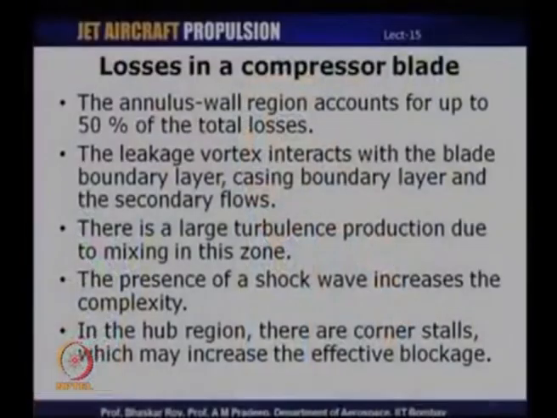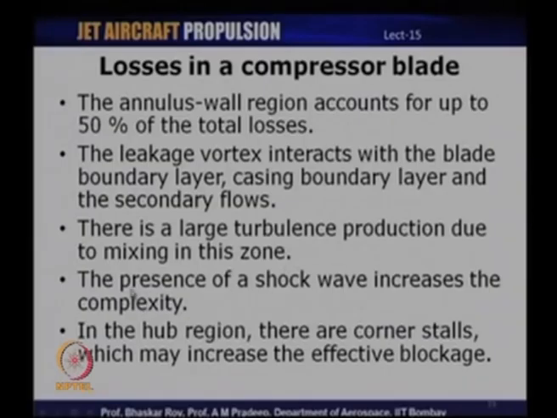So, in the annulus wall region, the viscous losses can account for almost 50% of the total loss. Leakage vortex can interact with the blade boundary layer, casing boundary layer, and secondary flows, and as a result of this, there is a large turbulence increase in the mixing zone because of the interaction of the wakes with the subsequent stages.